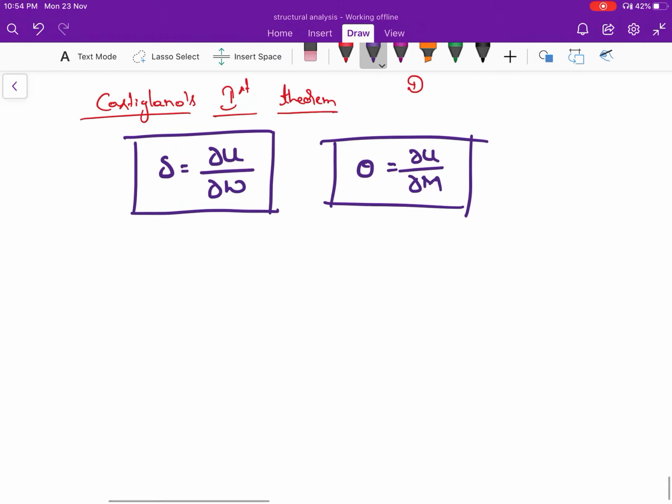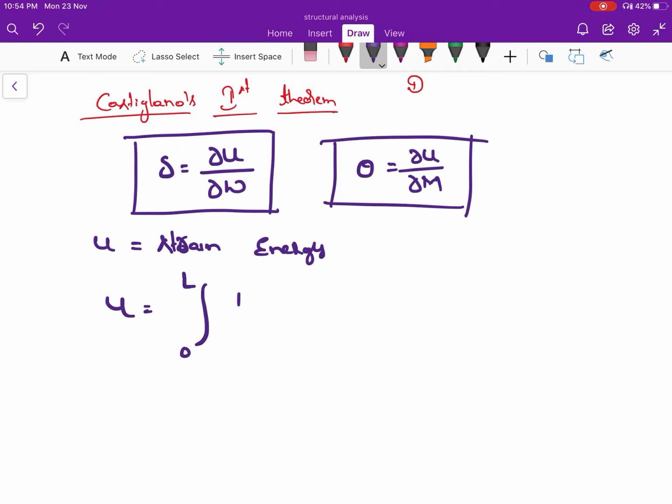So what is the value of U? U denotes the strain energy present in a system. So U will be equal to integral 0 to L Mx square dx divided by 2EI.